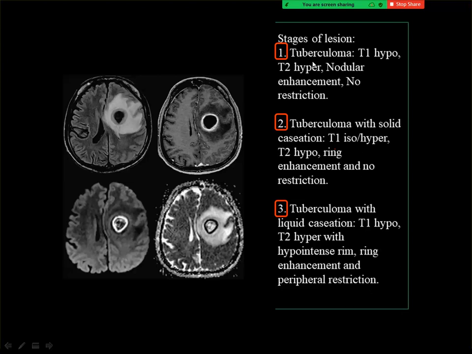Number one, the tuberculoma, which is hypointense in the T1, hyperintense in the T2, marginal enhancement, and no restricted diffusion. Tuberculoma with solid caseation, no restricted diffusion. Tuberculoma with liquid caseation, and then you get peripheral diffusion restriction.